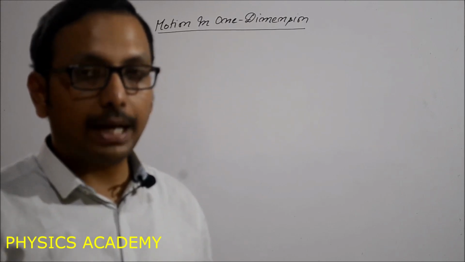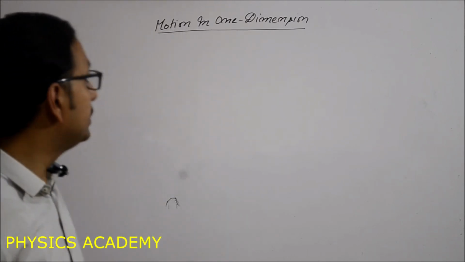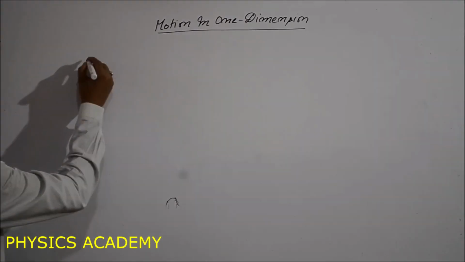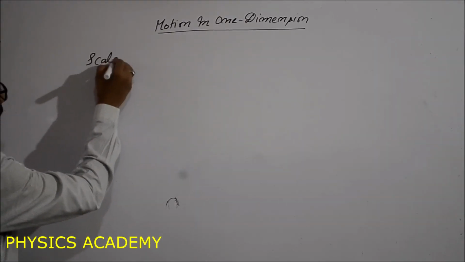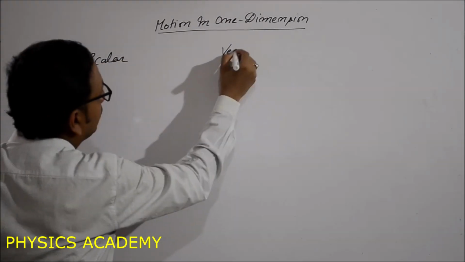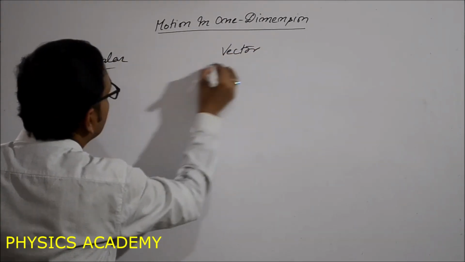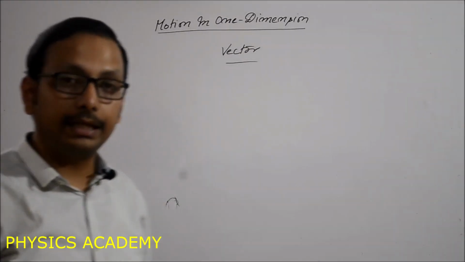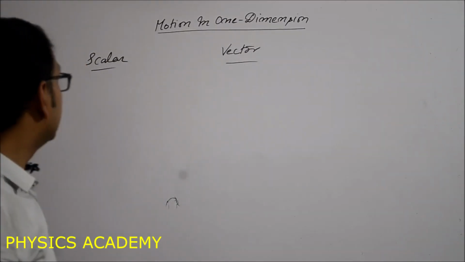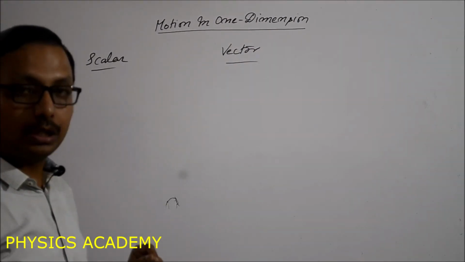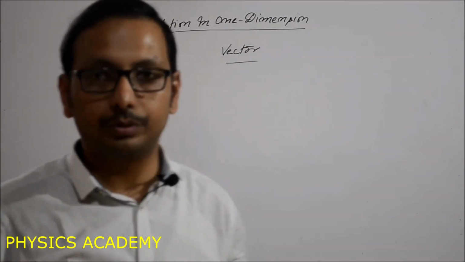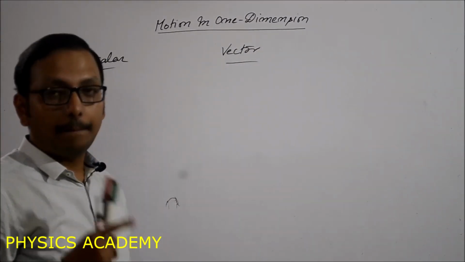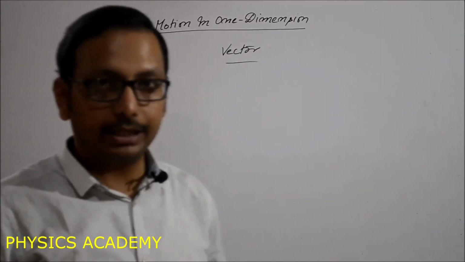So when we talk about magnitude and direction, physical quantities come under two categories: scalar and vector. If you remember our classes in class 8, scalar quantities are those quantities which only have magnitude, while for vector we have magnitude and direction.